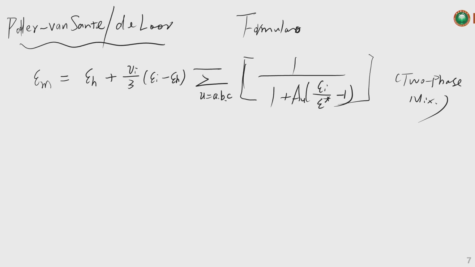So as we mentioned previously, epsilon star is the effective dielectric constant for the region surrounding an inclusion particle, right?